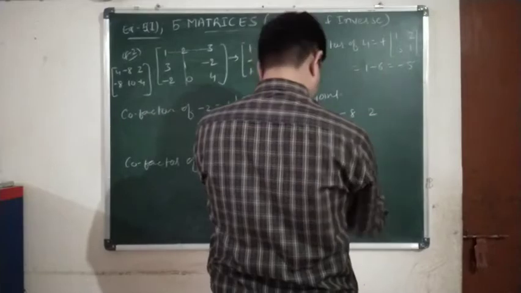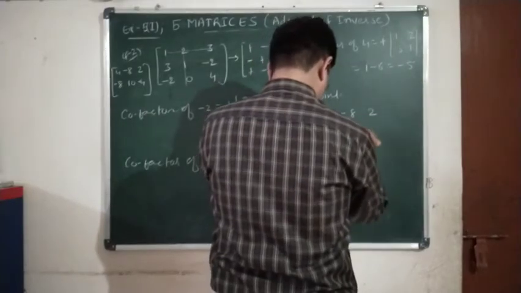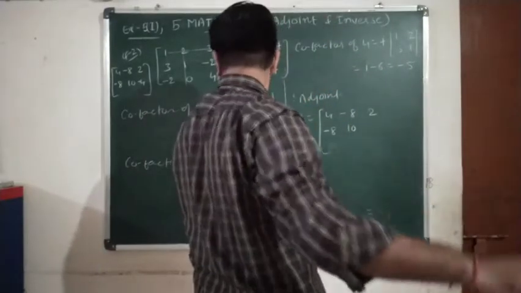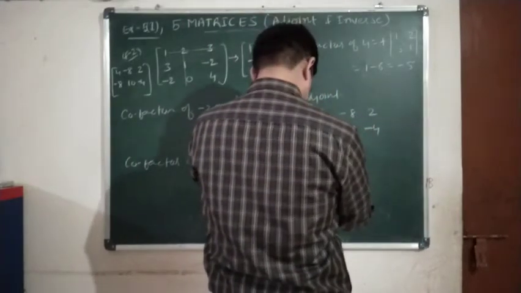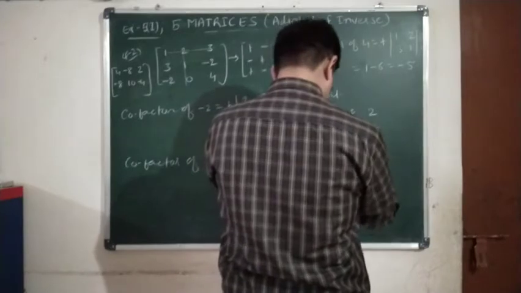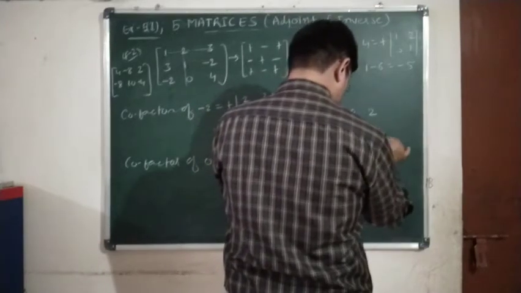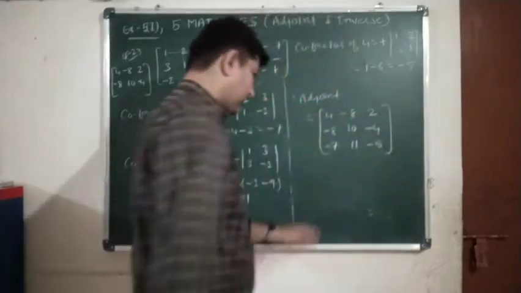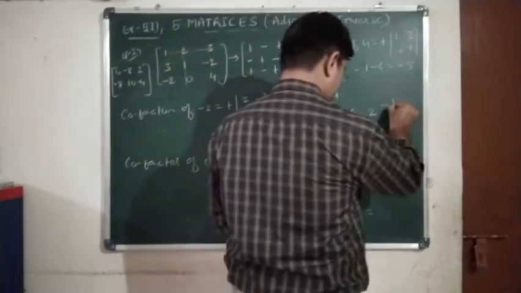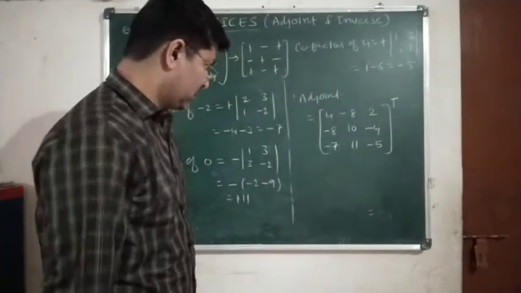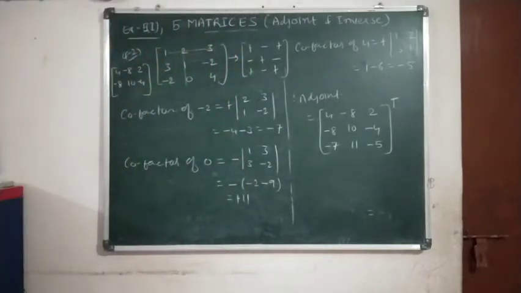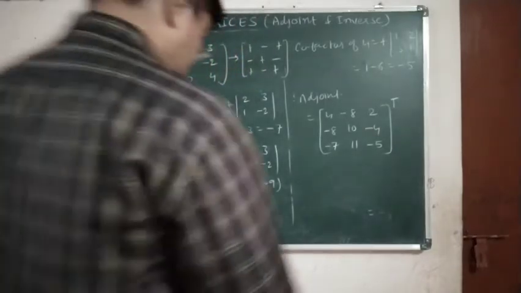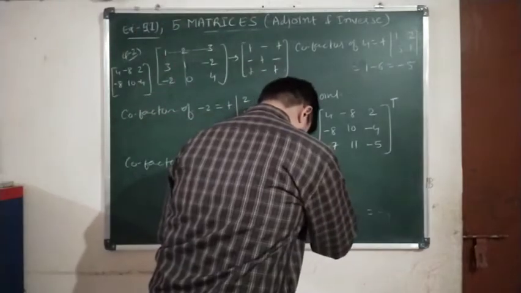So 4, minus 8, and then the transpose. Now let us take the transpose of the matrix.